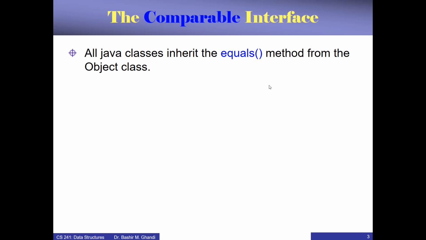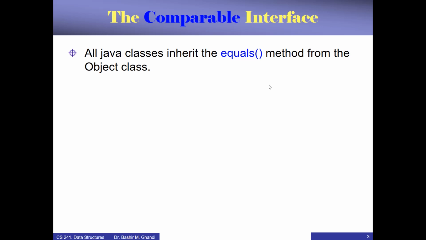As a background to the comparable interface, let us recall the equals method, which we normally use to compare two objects to check if they are equal or not. As we all know, this method is defined in the Object class. Object class, of course, is the superclass of all Java classes.